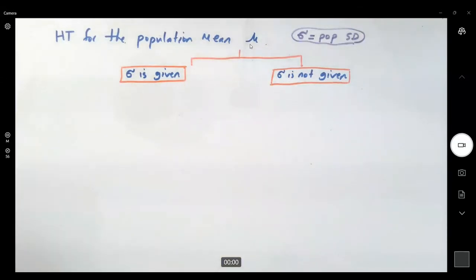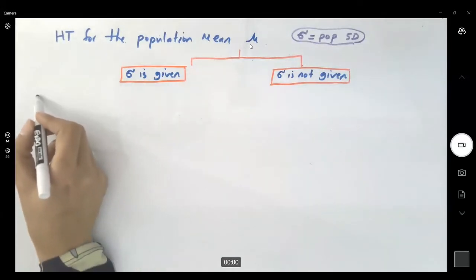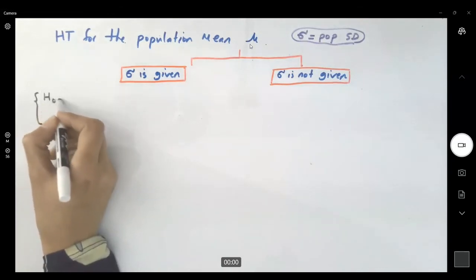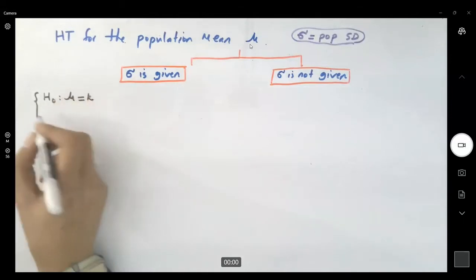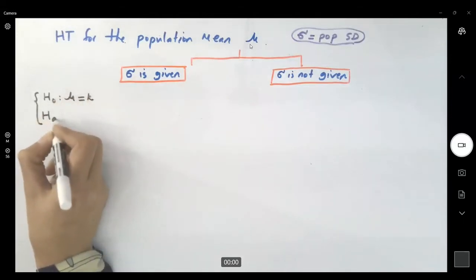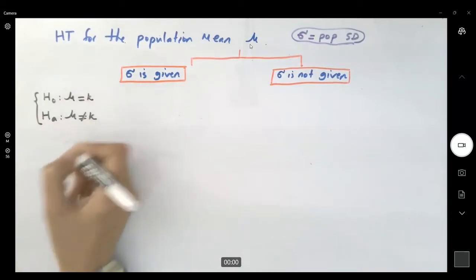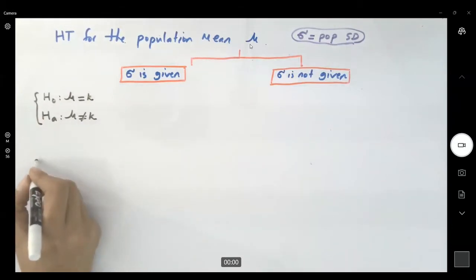The very first scenario is when you have a two-tailed graph. The null hypothesis says the mean is k. The alternative hypothesis says the mean is not k. In this case, we have a two-tailed graph.